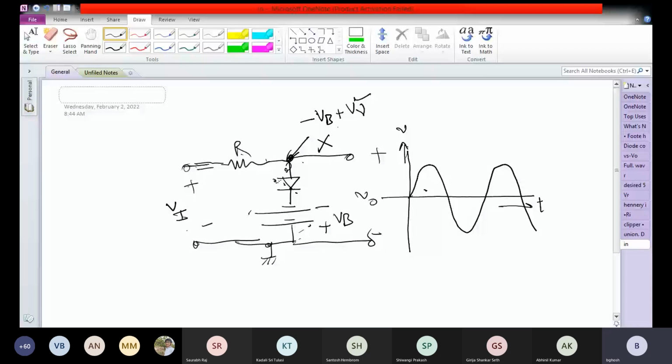So to show that it is a negative voltage, we can write minus VB minus V gamma. So this is the negative voltage, minus VB minus V gamma.